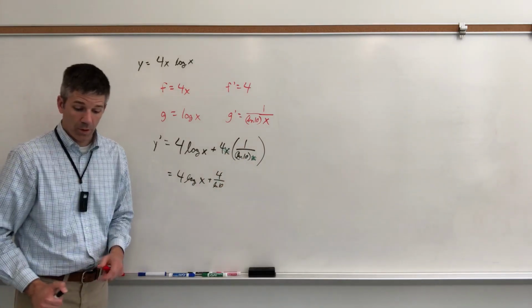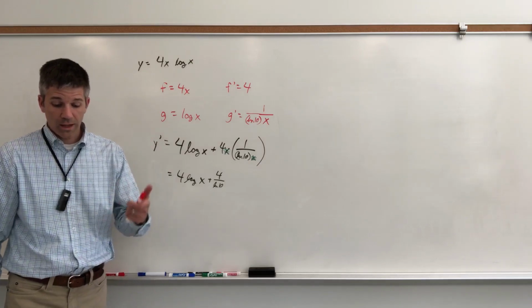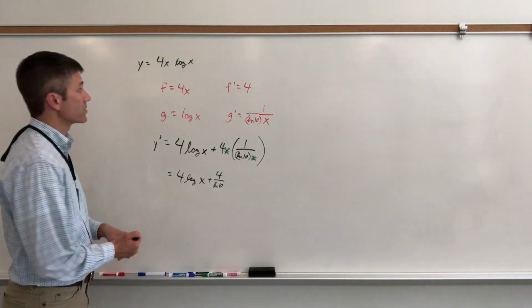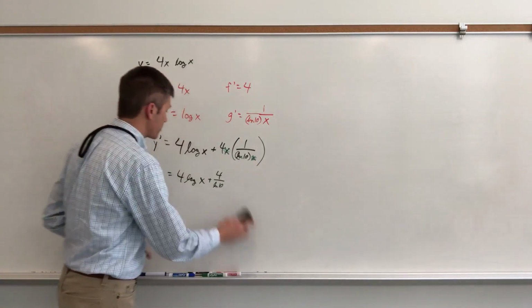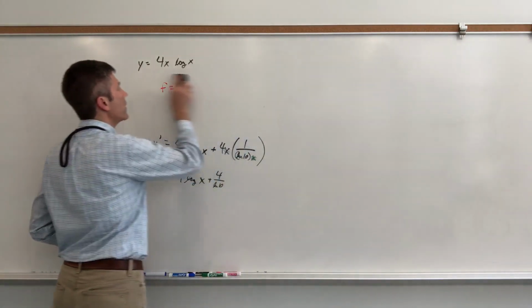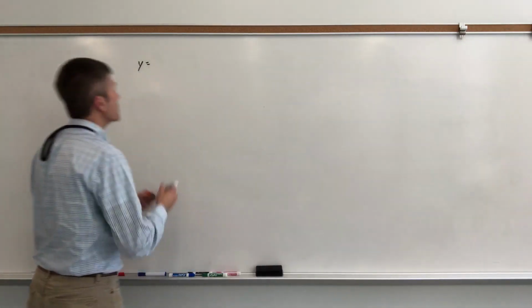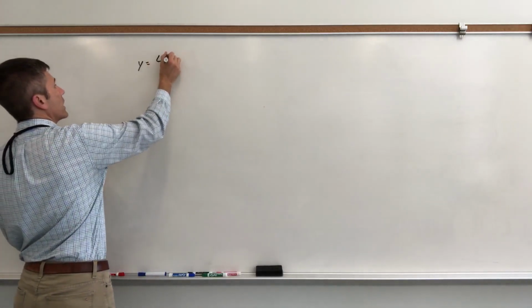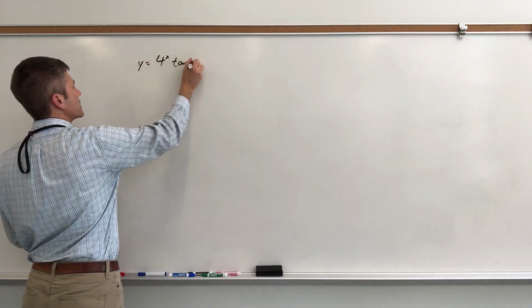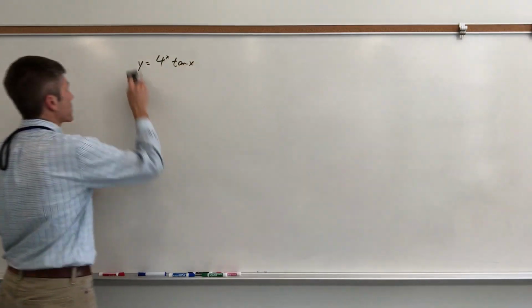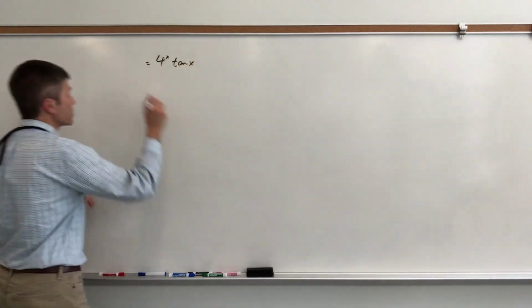Let's go through a couple more. The next problem is 4 to the x times tangent of x. So I'm going to erase this. Pause it if you need to. So we have 4 to the x times tangent of x. And just to be a little more consistent with the way it shows up on the paper, this is really f of x.